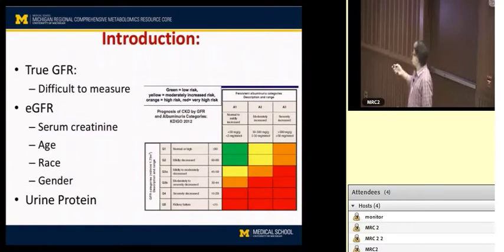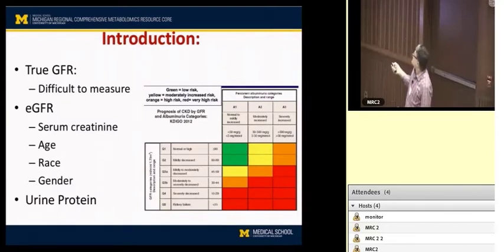This is the classification by KDIGO, Kidney Disease Improving Global Outcomes, that provided this classification in 2012. You can see that the CKD spectrum is defined as different categories of GFR versus different categories of urine protein excretion.